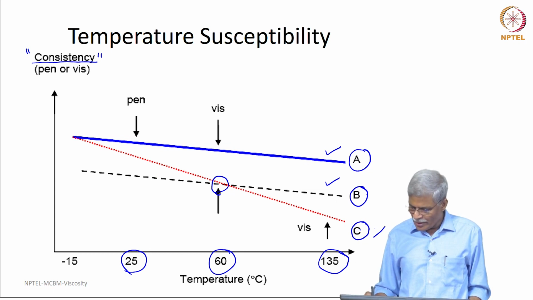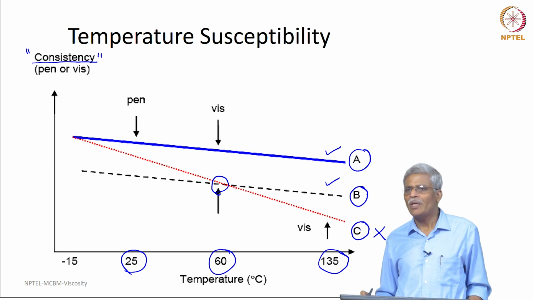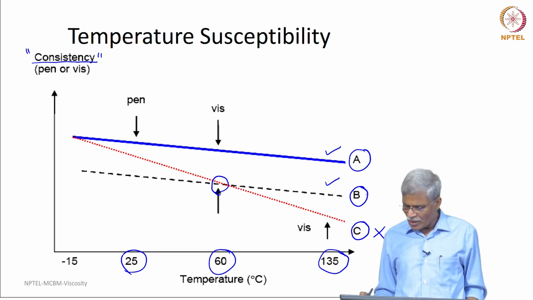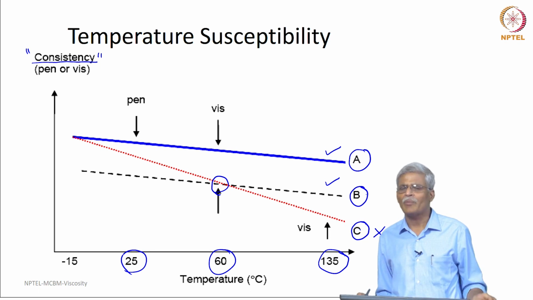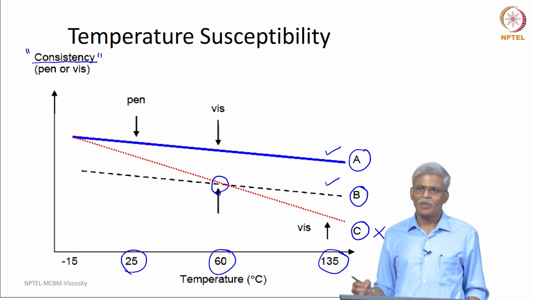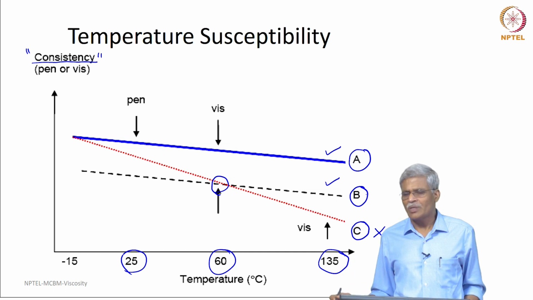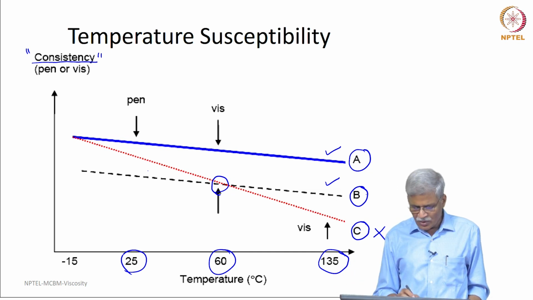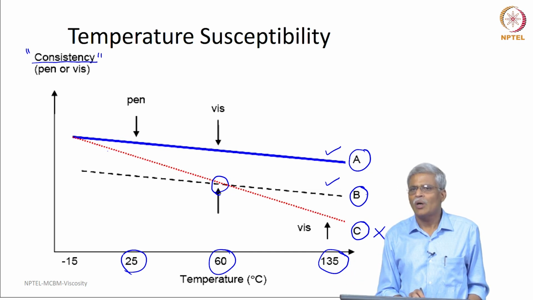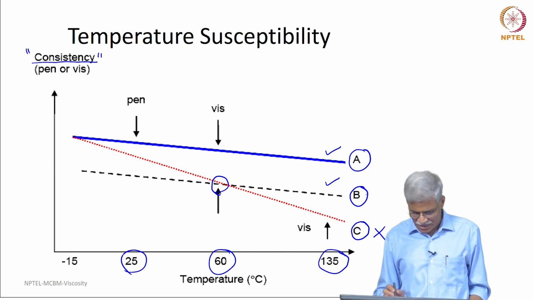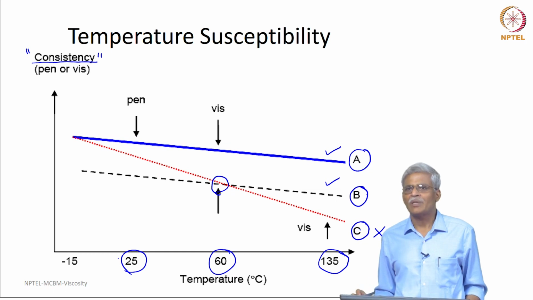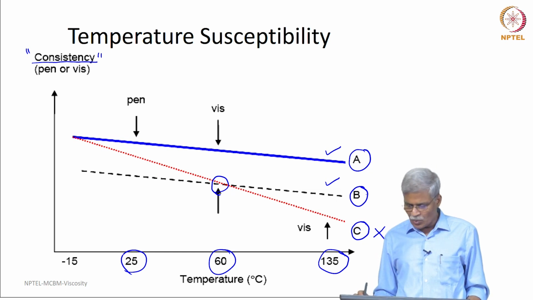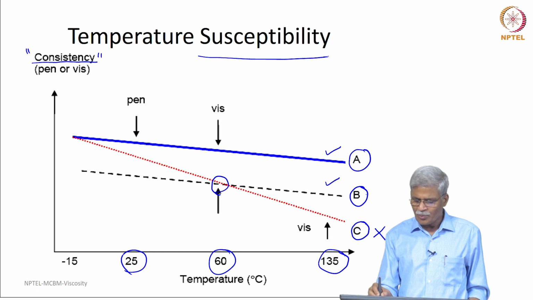So, this is a binder that should be highly avoided, because at 135 degree centigrade, more related to the compaction temperature, the binder may be very low viscous, but as the temperature goes all the way down to minus 10 or 25 degree centigrade, the material can become extremely stiff, and it can lead to issues related to temperature susceptibility.